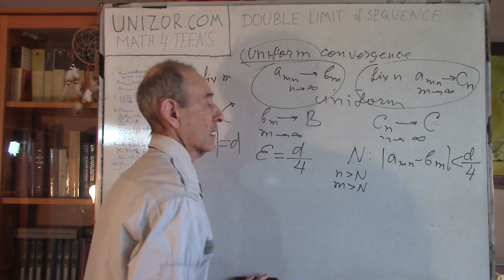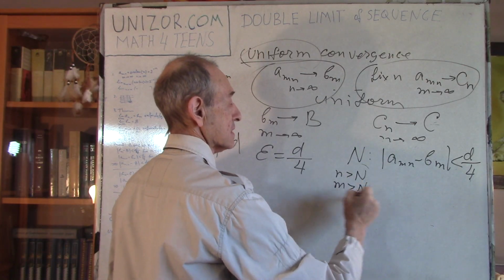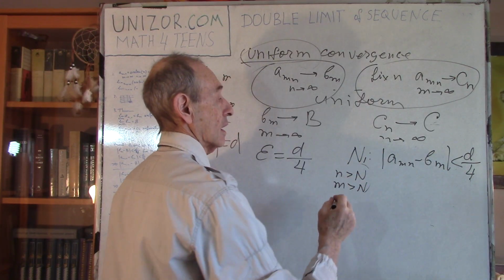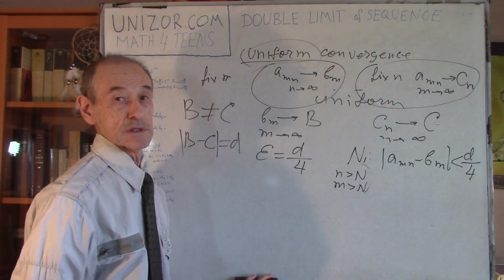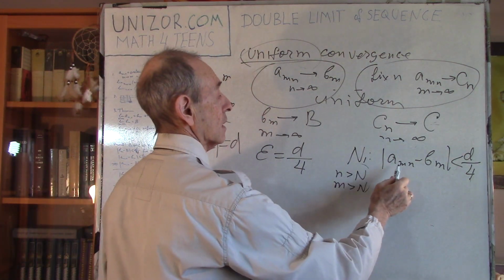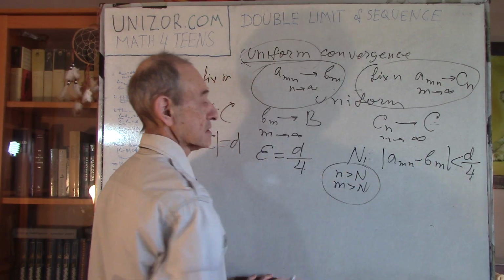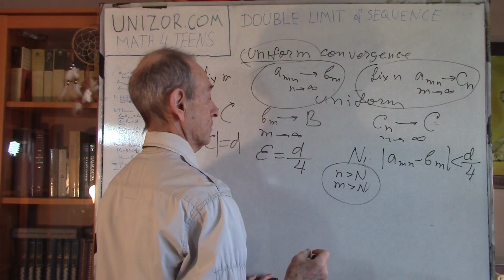So for any m and any n greater than this number, let's call it n1, my inequality is true. For sufficiently big m and n, this is what it means, sufficiently big. This is true. Okay, great.